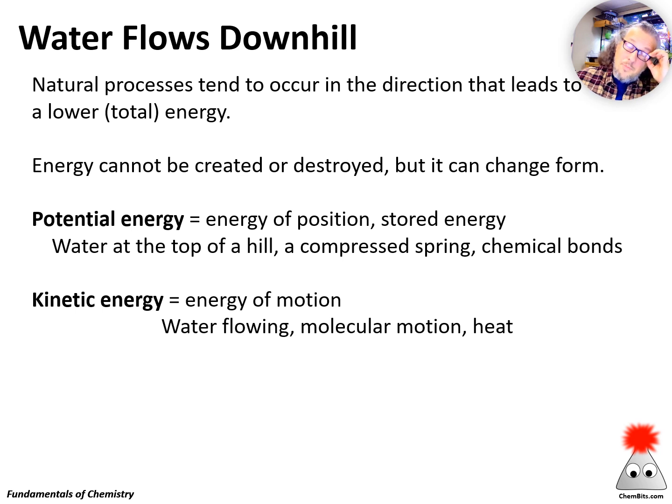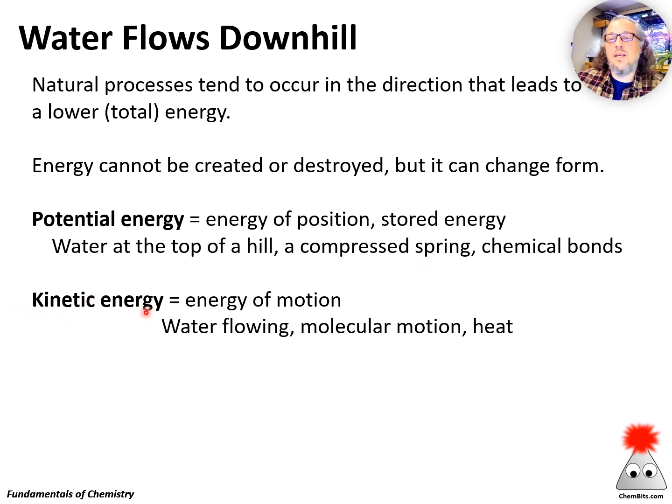And this all kind of leads back to one of the laws of thermodynamics. Energy cannot be created or destroyed. We can change its form, but we can't create or destroy it. So the two types of energy we most commonly deal with are potential energy, and that's energy of position or stored energy, like the water on the top of a hill or a compressed spring, or chemical bonds are a way of storing energy.